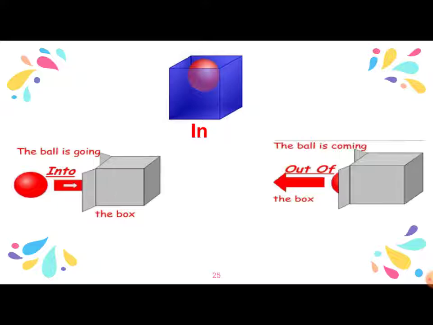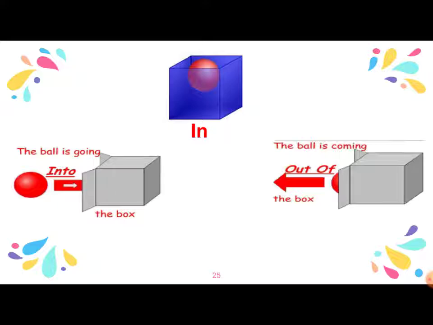So in that time we use into. The ball is going into the box. When something is inside and it is coming out, then we use out of. The ball is coming out of the box.